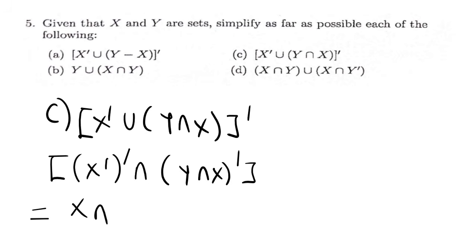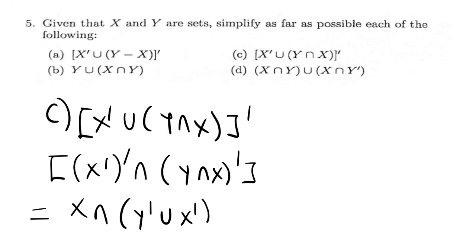There are different ways when you reach here; you can solve it in any way that you want. In this case, I'm just going to distribute the complement inside the bracket, so I'm going to have y complement union x complement. That is what I have.